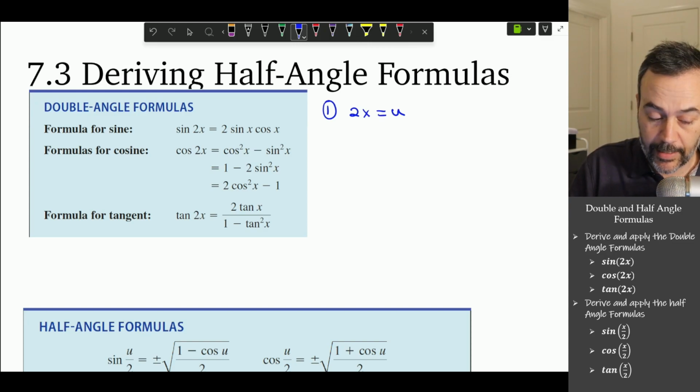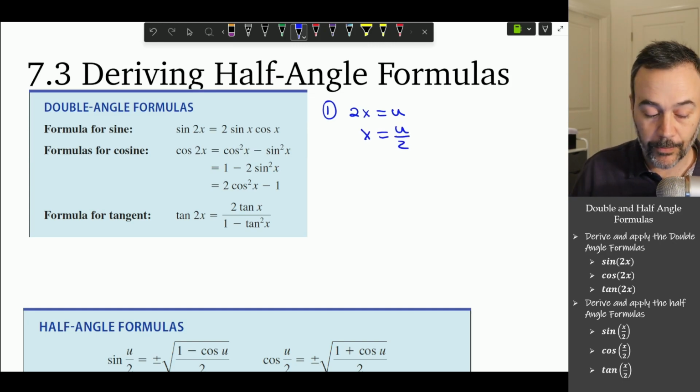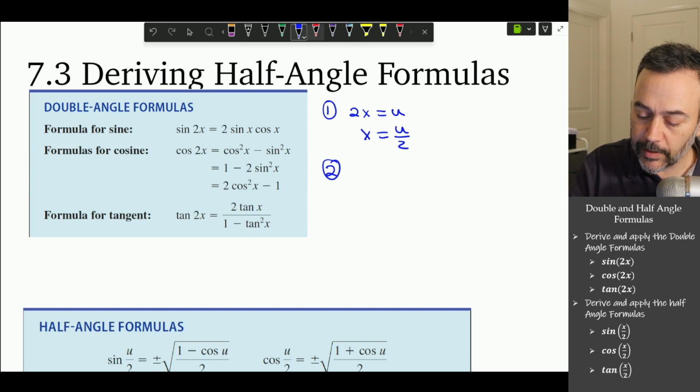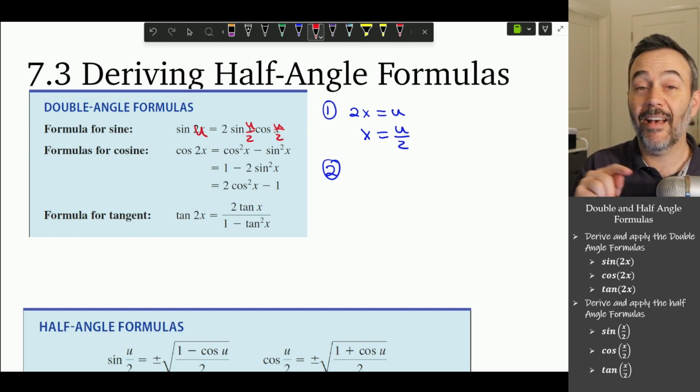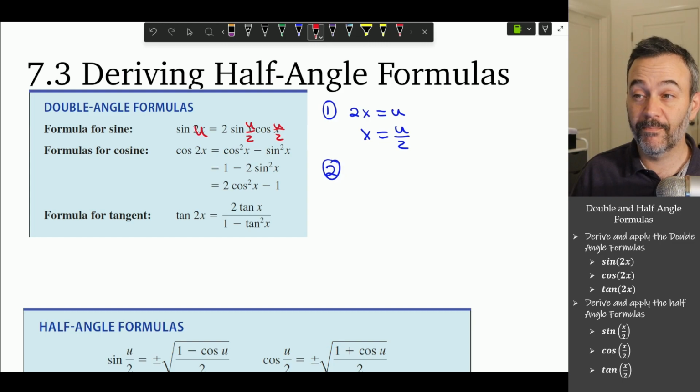And that means x is equal to u over 2. That's step 1. And then step 2, so what does that mean? That means the 2x is going to be like a u, and x is going to get replaced with u over 2, and you can see where the half angle is going to come from.